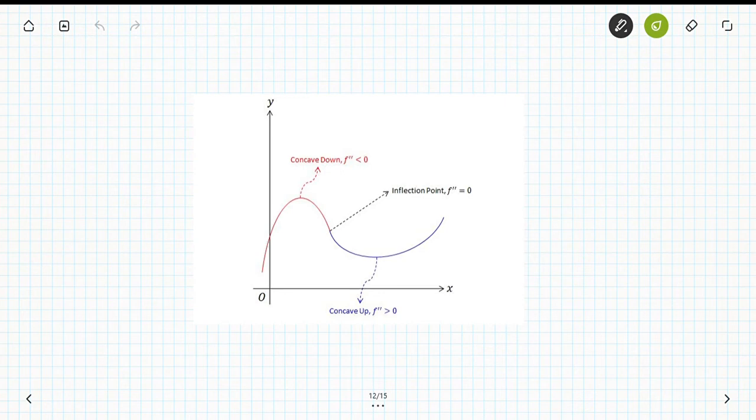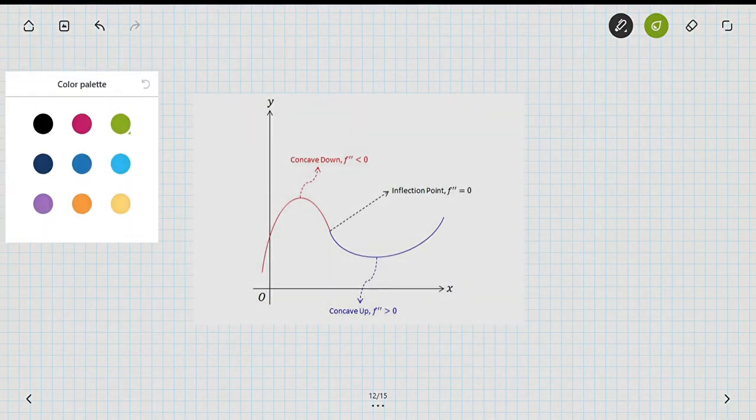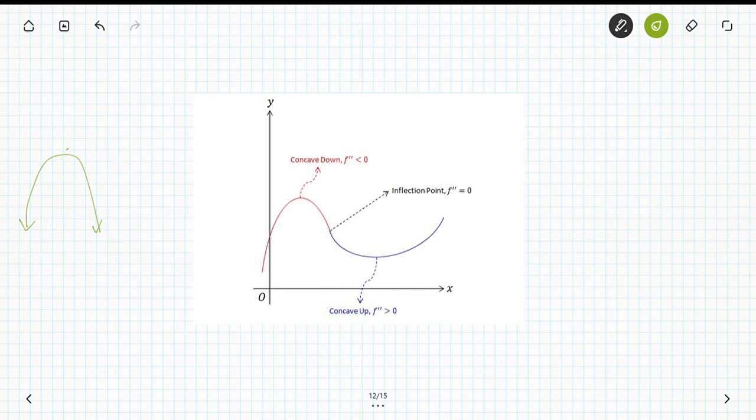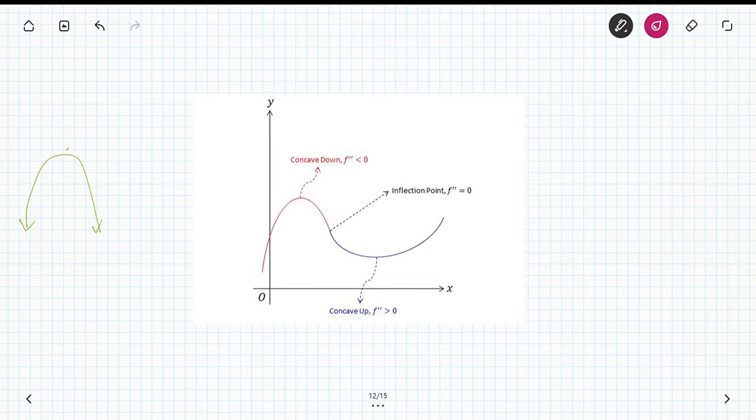Concaving down means that your function is basically like this, right? It's going to have a maximum point somewhere right there. And concaving up is going to be this. So I'm just going to write it. This is concave up, and this green is going to be concave down.